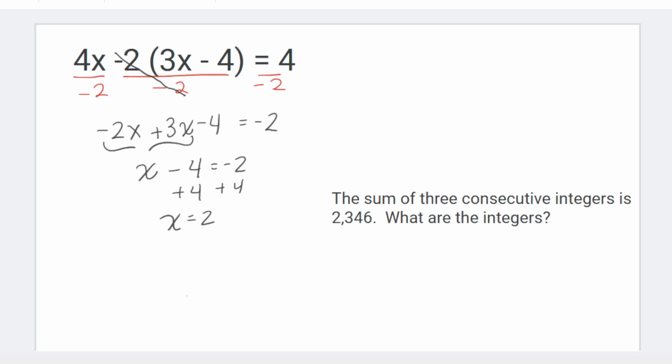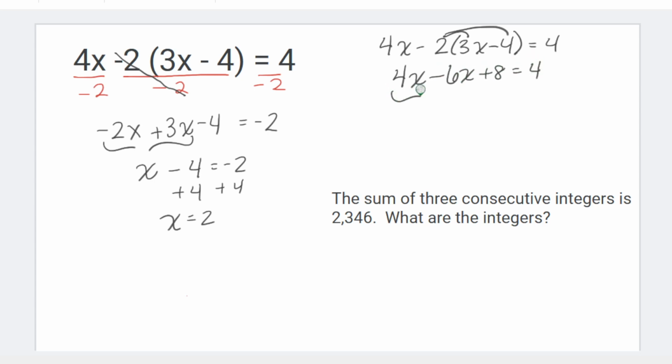I'm going to show you here at the side what it looks like with distribution for those of you who are more comfortable with distribution. So if I'm distributing, -2 times 3x is -6x. -2 times -4 is a positive 8. If I combine those like terms, 4x minus 6x is -2x.